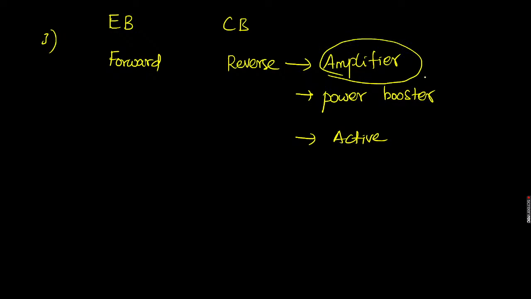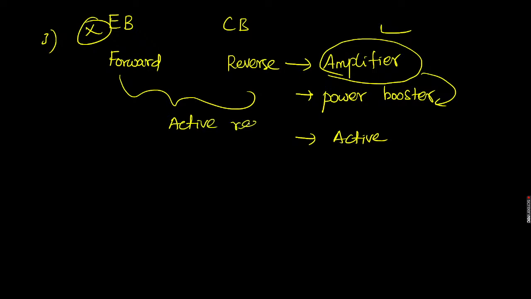So a transistor acts as an effective power booster when it is operated in the amplifier region. This is the best region where a transistor is most preferable to operate. Here the transistor is given the most priority to operate, because here it boosts the power. That is the important region, and we simply call it the active region.